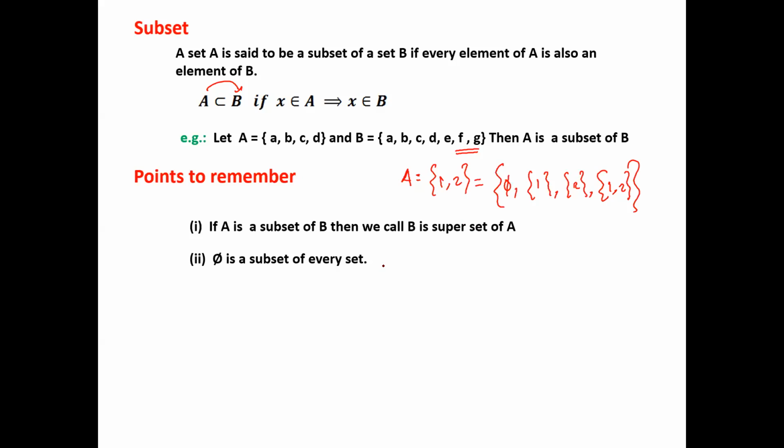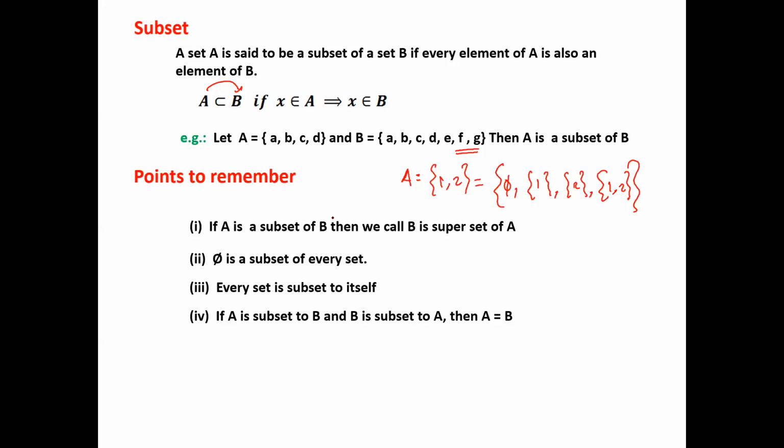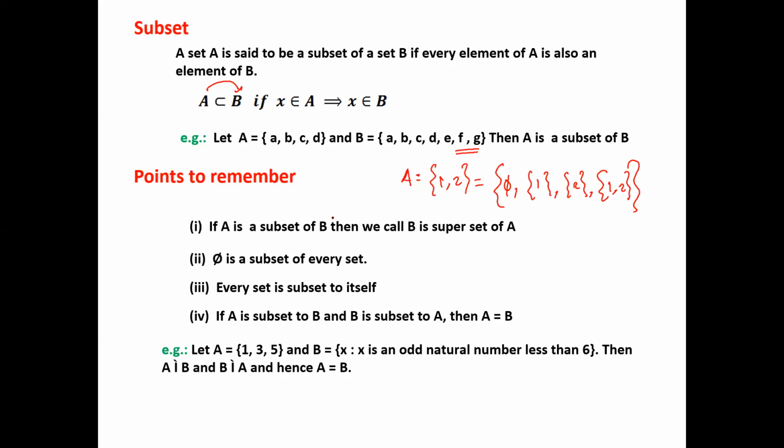That is why we say empty set is a subset of every set. If A is a subset of B and B is a subset of A, then A is equal to B. Here we see that A is a subset of B and B is a subset of A, so A is equal to B.